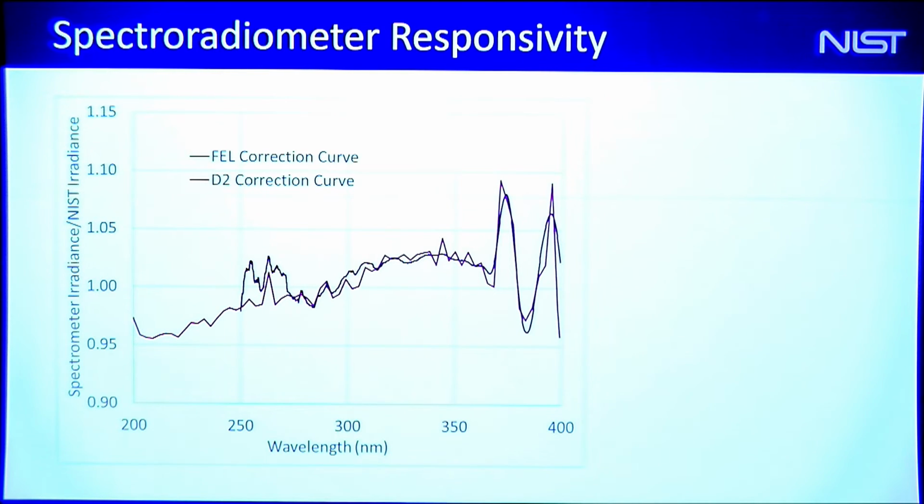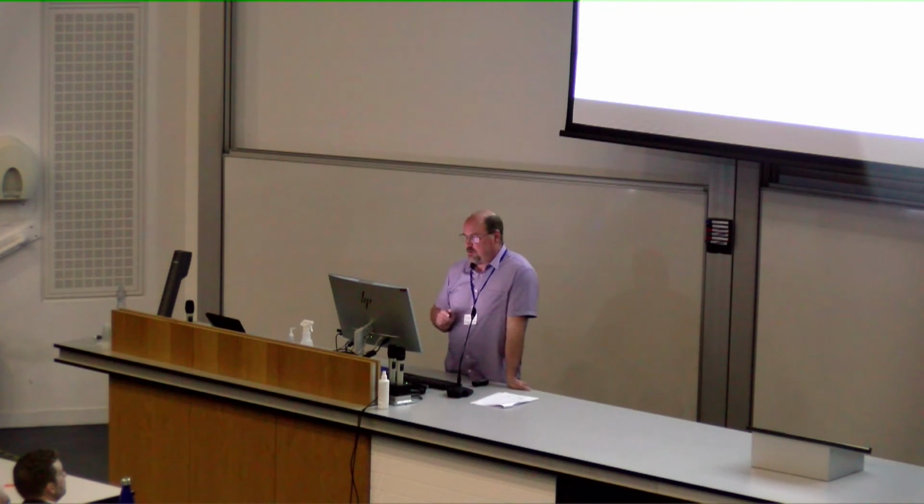What you can see is the spectrometer's irradiance measured divided by the NIST scale. The red curve is using the deuterium lamp to calibrate it, and the blue is using the halogen lamp. You get the little bumps there at 370. That's a tough region to measure for a number of reasons. But they basically agree within 1%. So if you know what you're doing, you can do this within 1%.